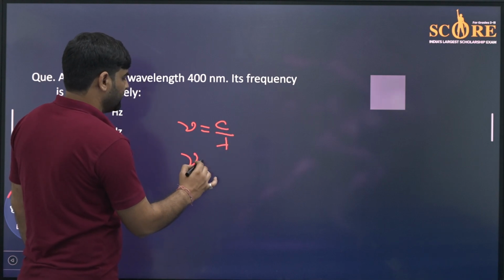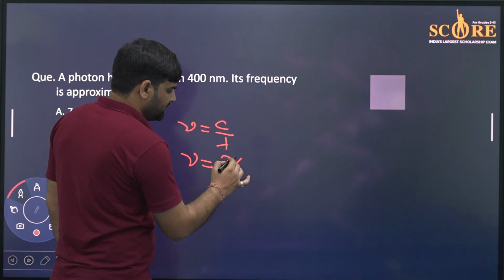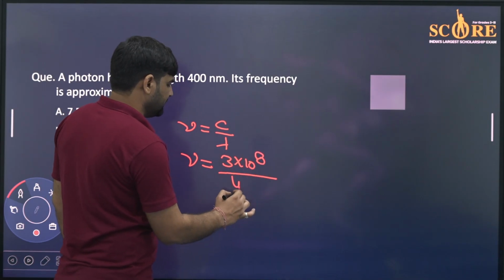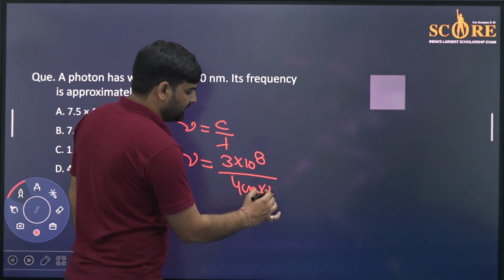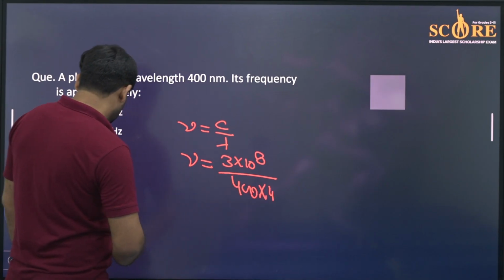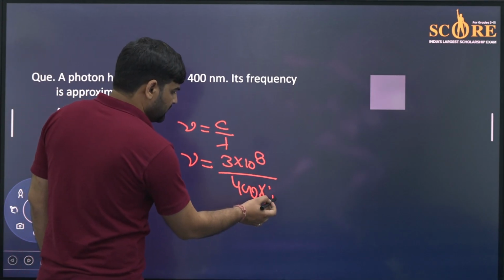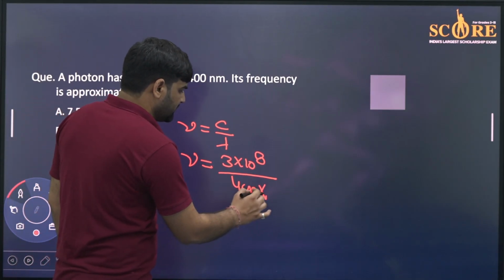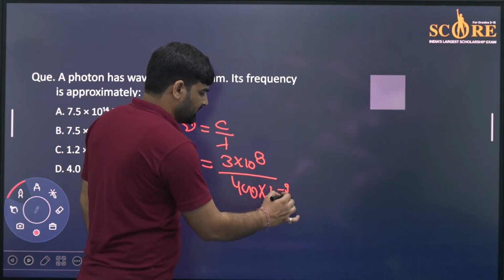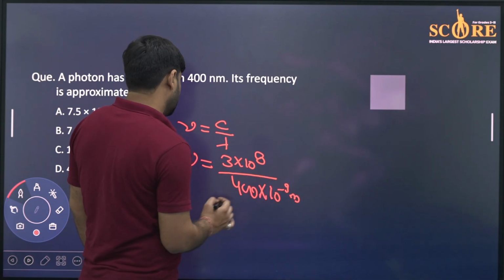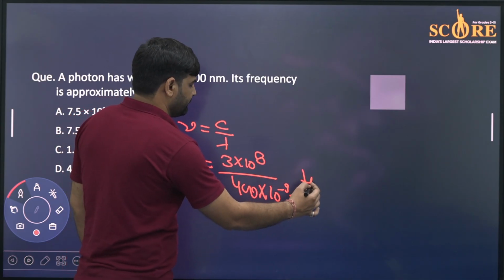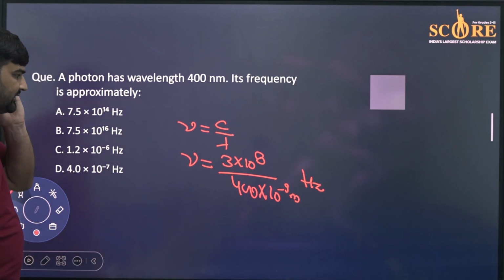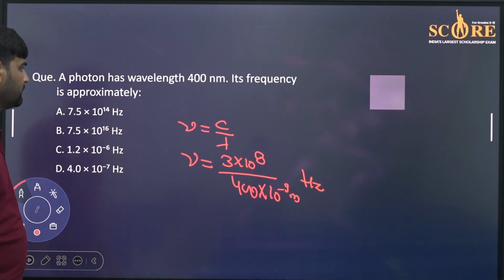You have to write nu equals 3 multiplied 10 raised to power 8 meter per second divided by lambda. Lambda is this, you have to convert into meter. You know nanometer is 10 raised to power minus 9 meter, then you will get the answer in hertz. So whatever the answer is, you can check accordingly.